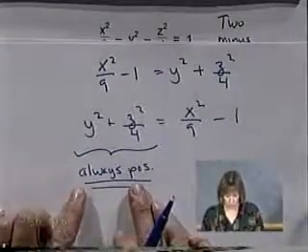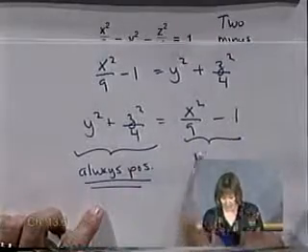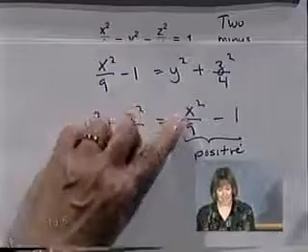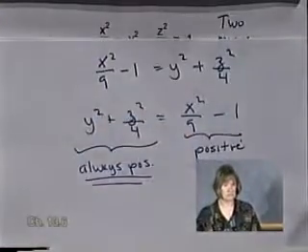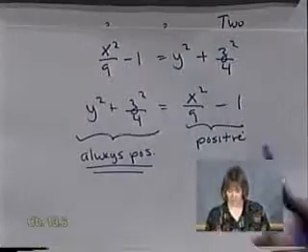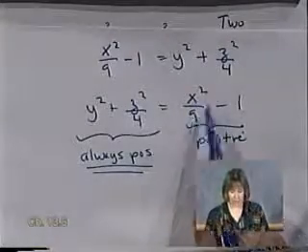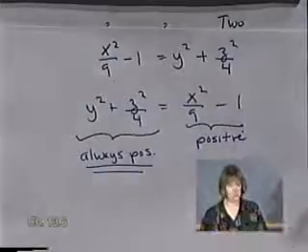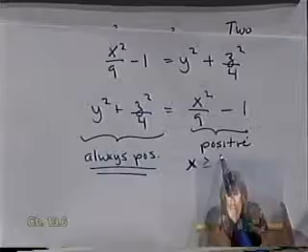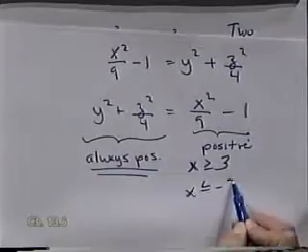Now, if that's always positive, this side has to be positive, right? What does x have to be for this thing to be positive? It has to be bigger than or equal to 3, or less than or equal to negative 3, right? Because you've got to have 3 squared over 9 to get 1. So when you subtract, you have to be bigger than that. So your x has to be bigger than or equal to 3 or less than or equal to negative 3.